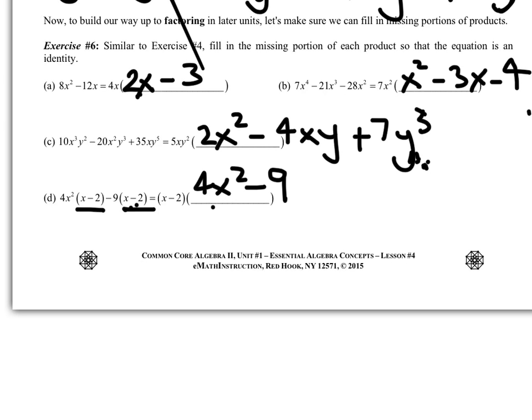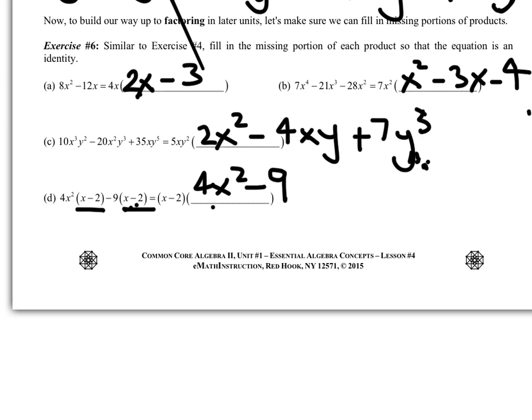Unit. Do you want to do U1, L1 again, or do you want to write out Unit 1, Lesson 1? I'm fine with the abbreviation. Okay. Do you want to call it A2? I don't know. I'm even thinking we should do CCA2. Okay, let's do that instead of Algebra 2. Let's go CCA2.